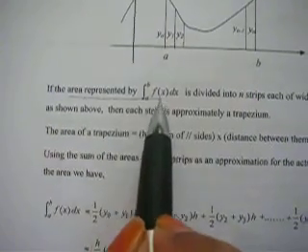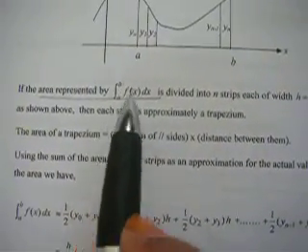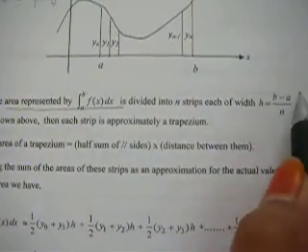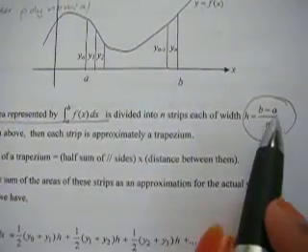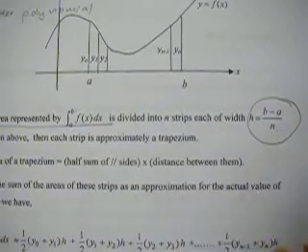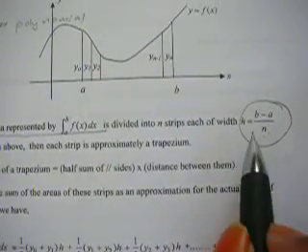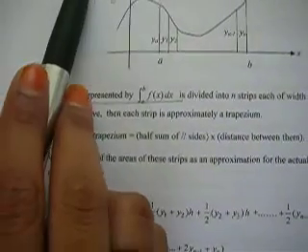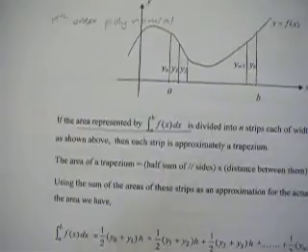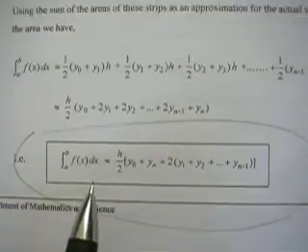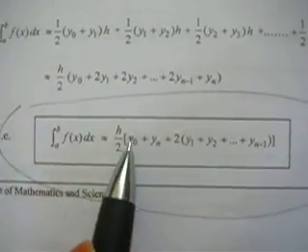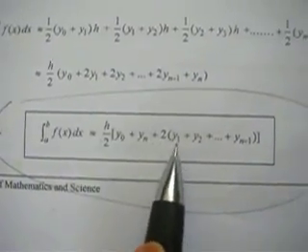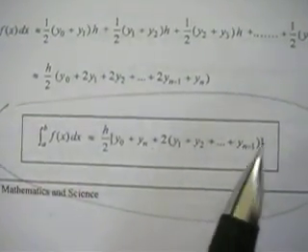If the area represented by the integral of f(x) dx from a to b is divided into n strips, each of width h equals (b minus a) over n. This is the formula to find h. The formula for the trapezoidal rule is given here: h over 2 times [y0 plus yn plus 2 times (y1 plus y2 and so on)].